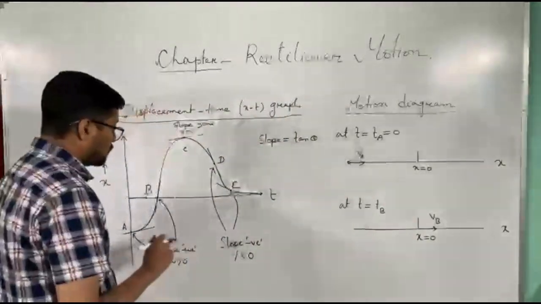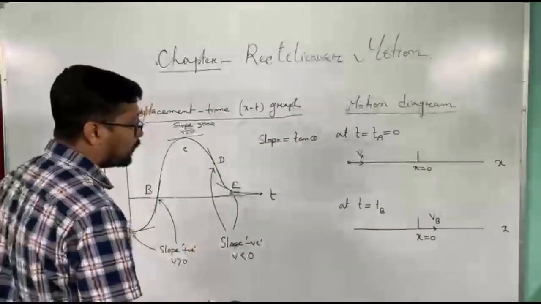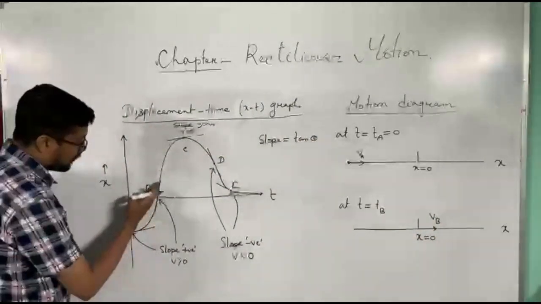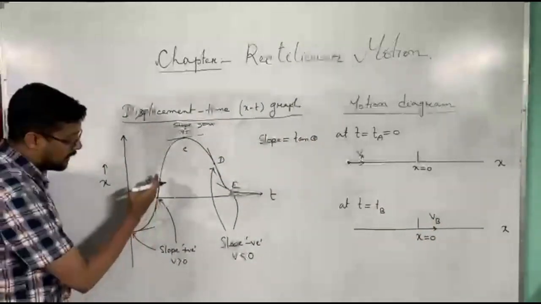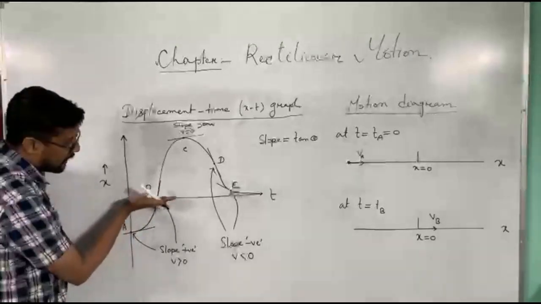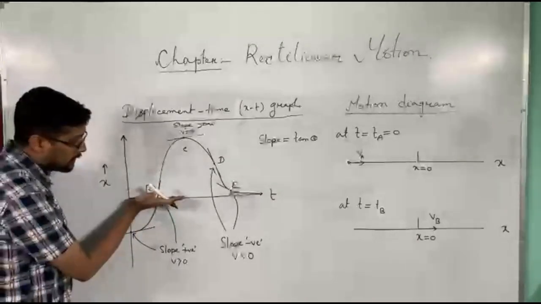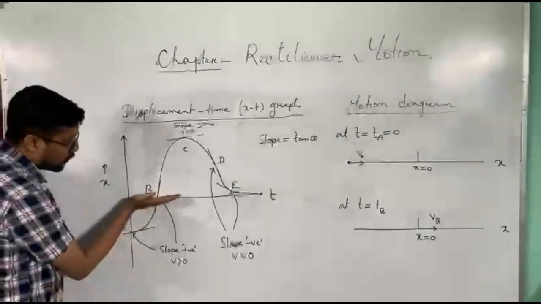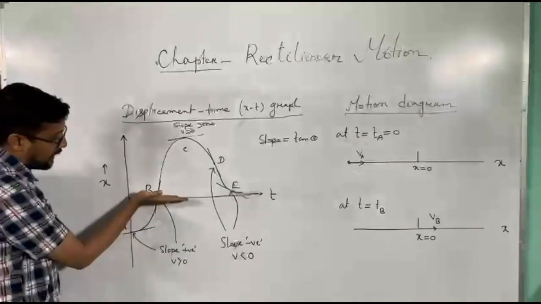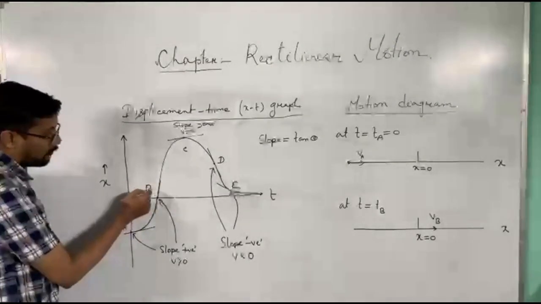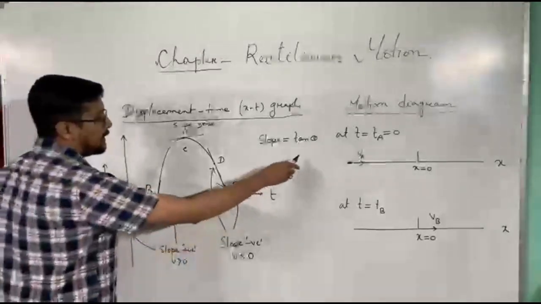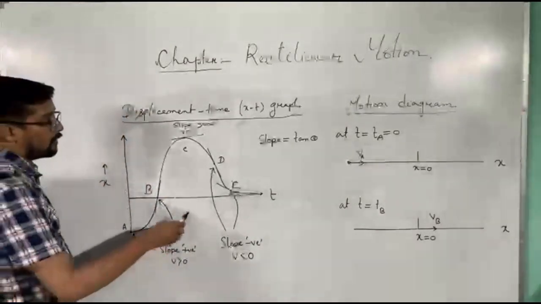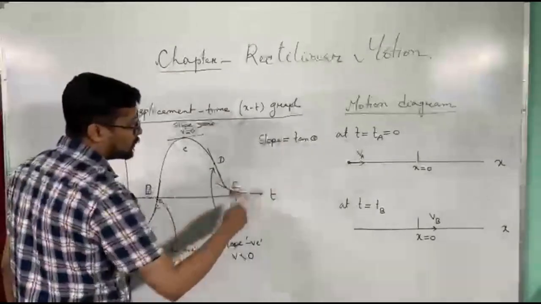Now direction of the velocity, how have we got this direction? Again from the slope. Now the slope of the tangent at B is positive. Again the same explanation: this tangent is making an angle of less than 90 degrees with the horizontal. So tan theta will come as positive because from 0 to 90 tan is positive. So indirectly the slope is positive.